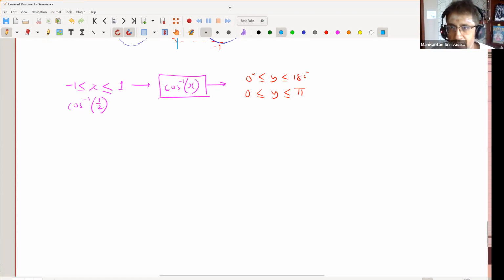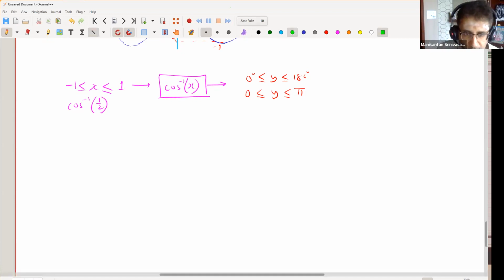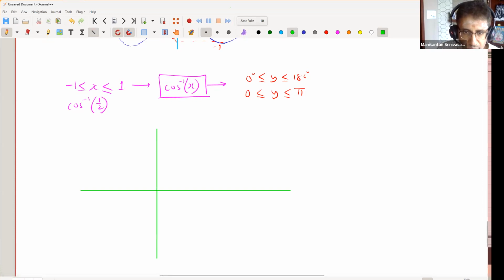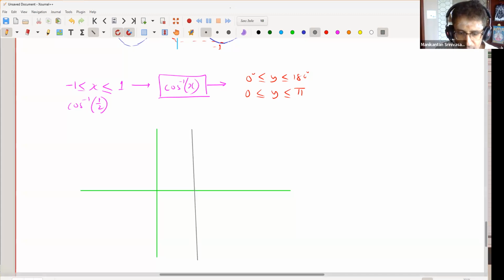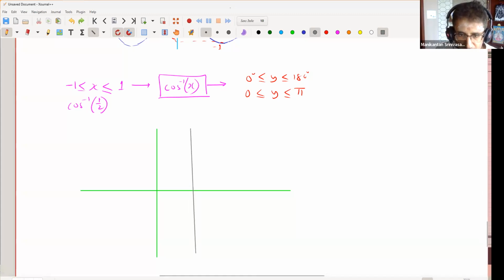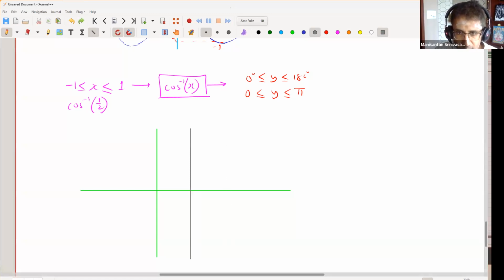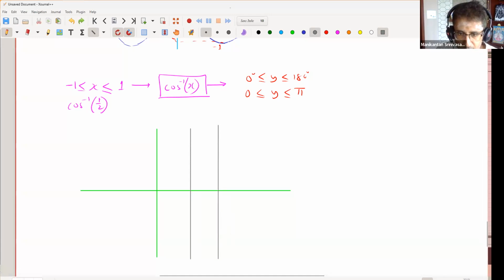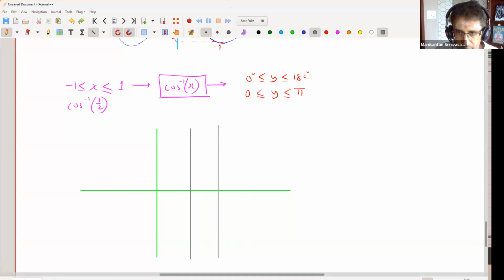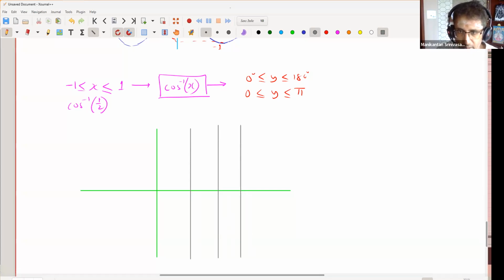So if I look at the tan function with the x-axis and y-axis, I will draw multiple lines at 90, 180, 270, 360, let's say.